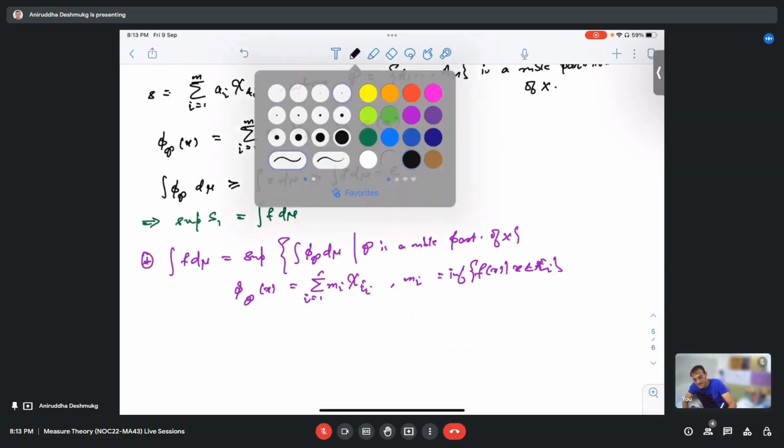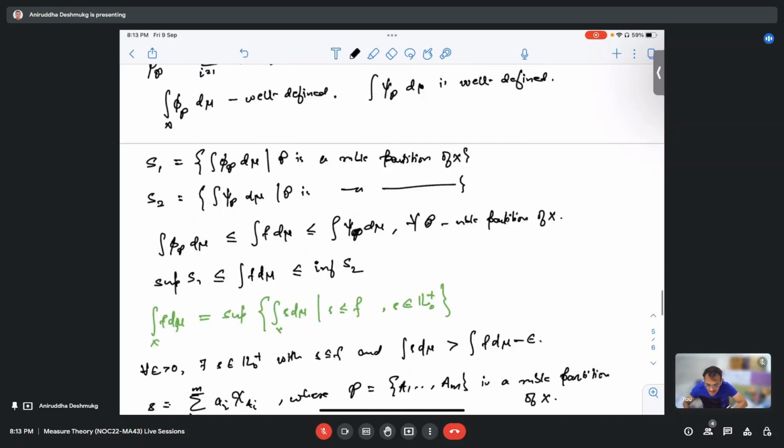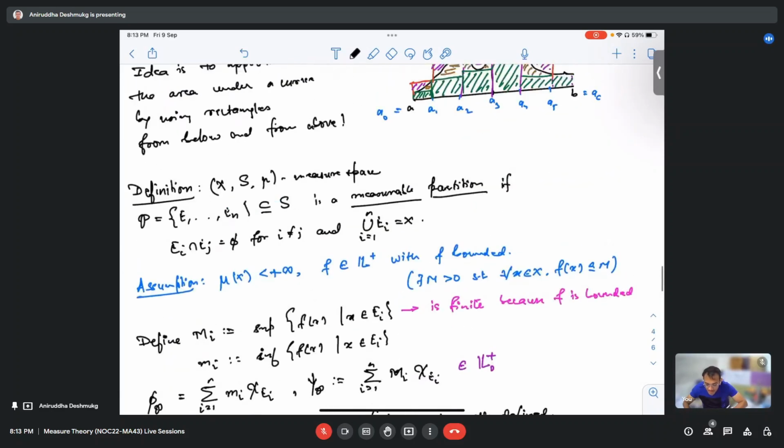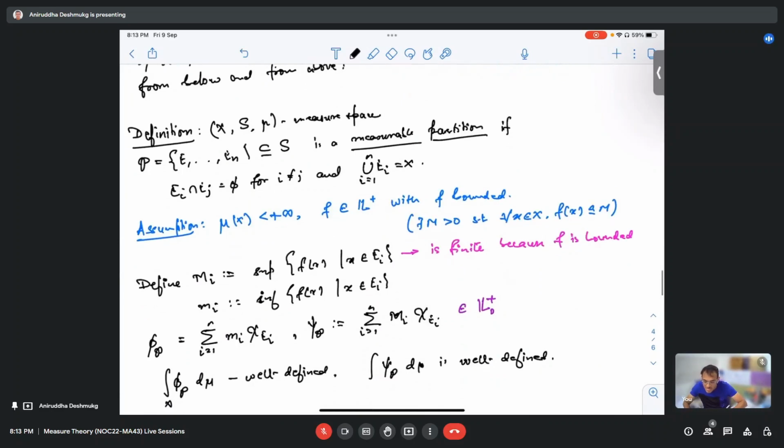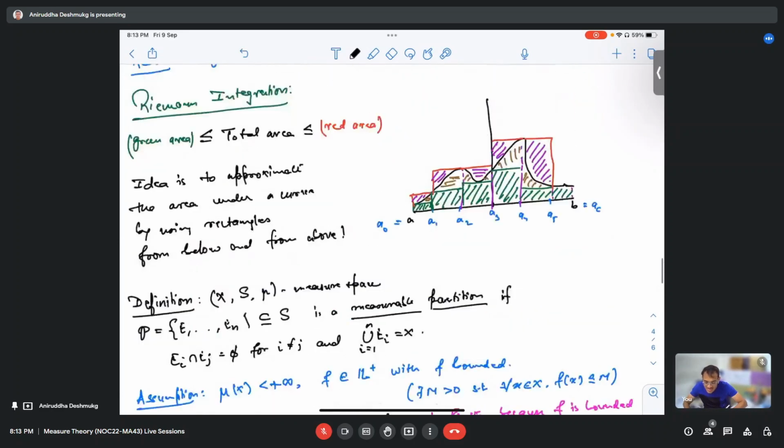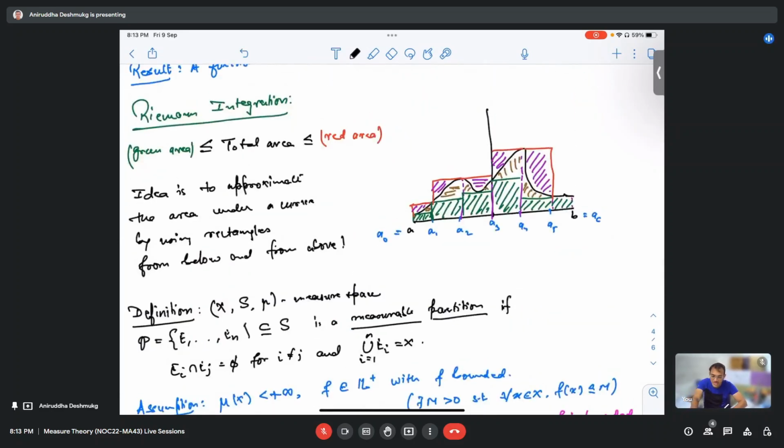Now can you see that the definition of this integral through this measure space is just the extension of the definition of the Riemann integration? Do you understand what point I want to make?